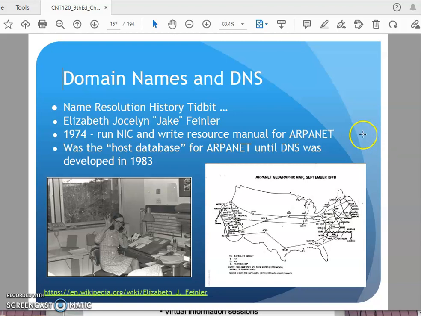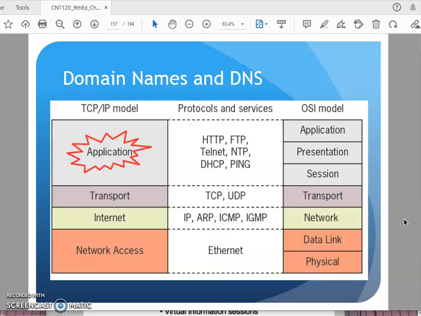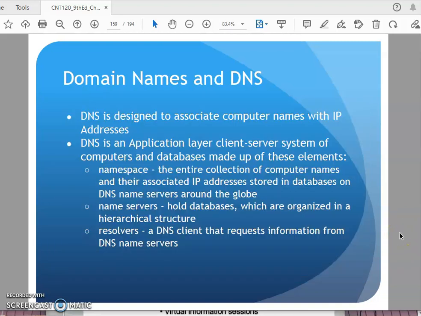Great little history tidbit, great little person if you're looking for an informative speech or informative paper or something like that. Well, DNS itself is an application layer protocol that's there to, when you request a name, return an IP address for you. So given a computer name, it's going to give you the IP address of whatever that resource is.